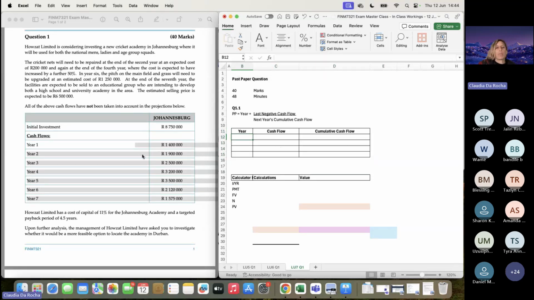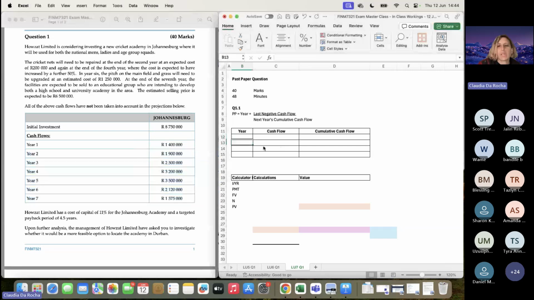Perfect. We always start with the first year, and then we adjust as we go along. So we start with year 0, then year 1, year 2, year 3, year 4, etc., till year 7.